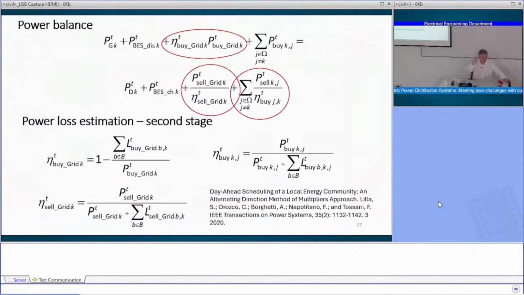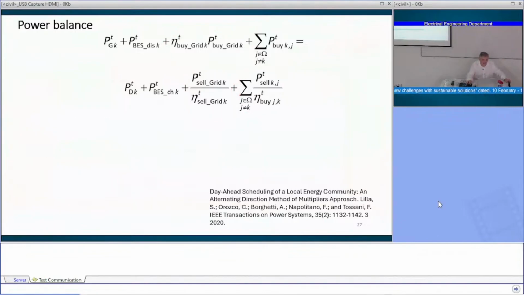So we can repeat the same calculation by including, instead of these losses as before, these coefficients, this efficiency calculated by the first stage directly. So we can say that when we buy electricity, we buy a little bit less, no? Because there are the losses in the network. And when we sell electricity, we need to sell a little bit more, because there are the losses in the transaction.